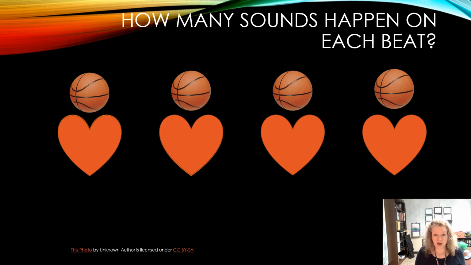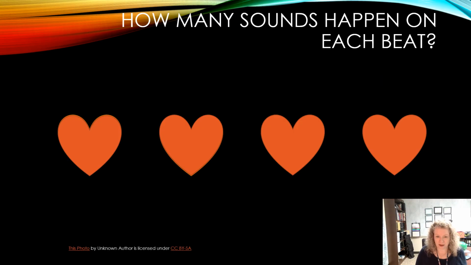Okay, now let's move to the second set of 4 beats in this song. What happens during bounce the ball to shine low? How many sounds happen during the first beat? Bounce the.